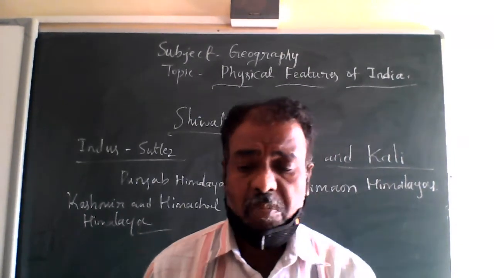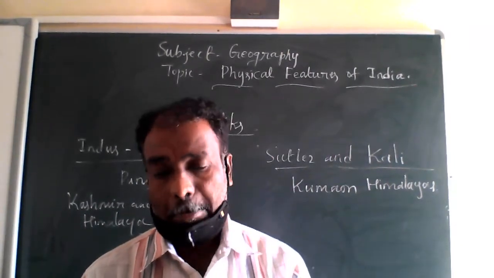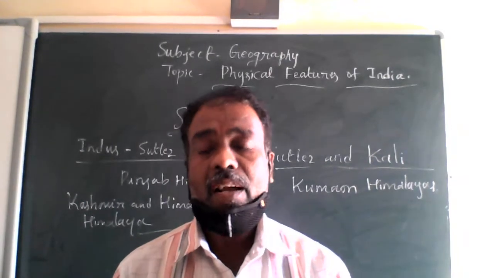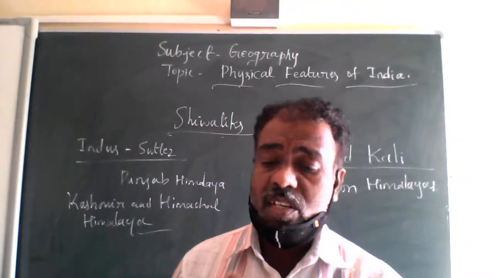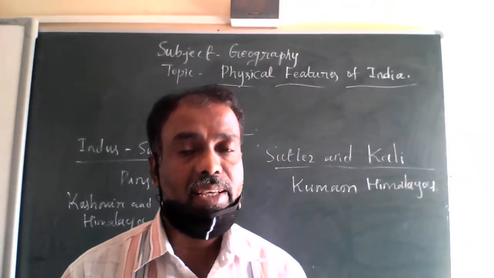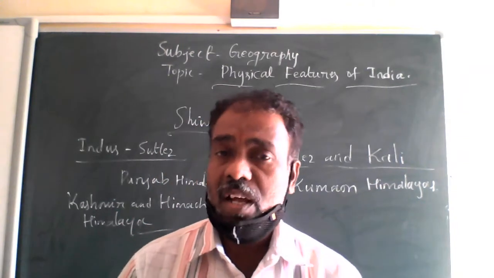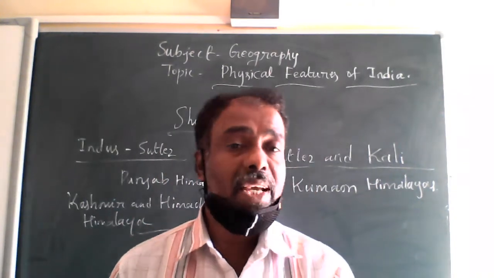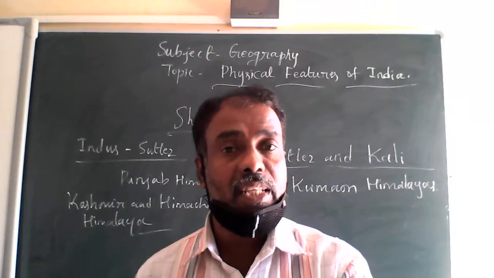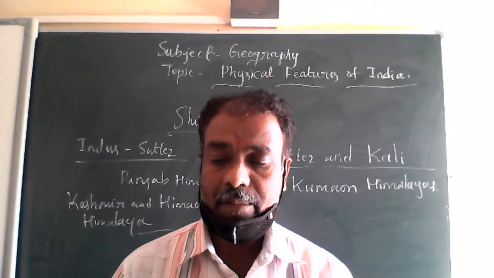Now, let us discuss how the Brahmaputra marks the easternmost boundary of the Himalayas. The Brahmaputra is one of the major rivers which flows in the northern part of our country.